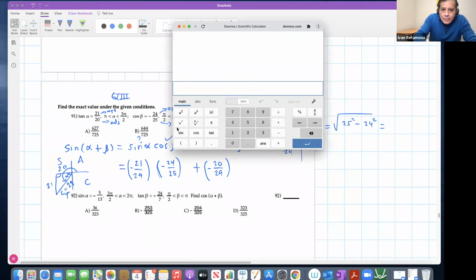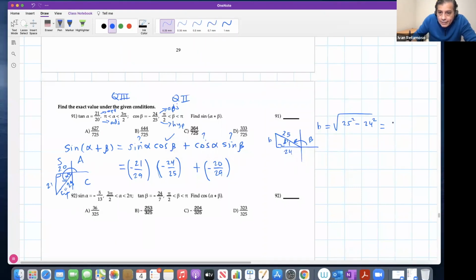The square root of 25 squared minus 24 squared. This gives me 7, right? 7 when you take the square root. So this guy is 7, right? So therefore, sine of beta should be opposite 7 over hypotenuse 25.